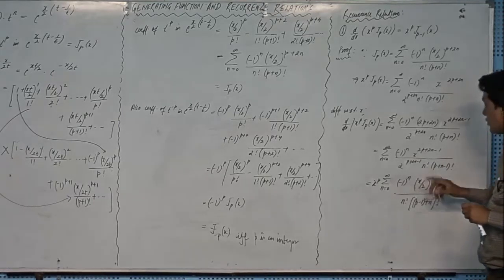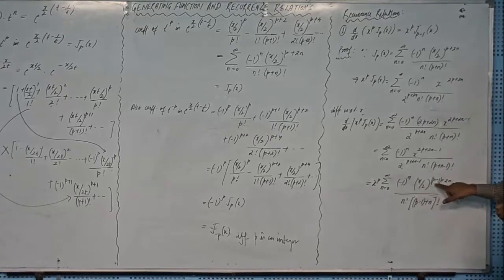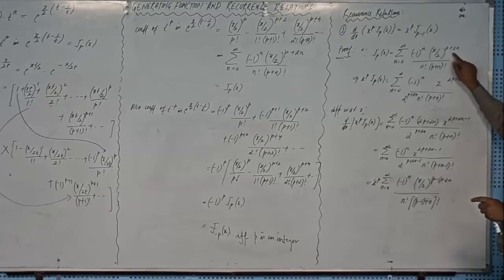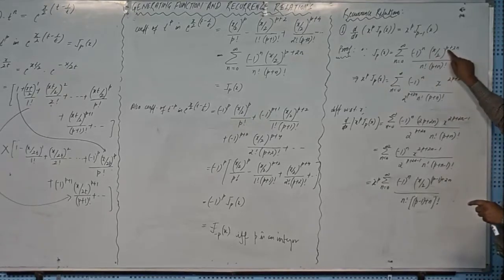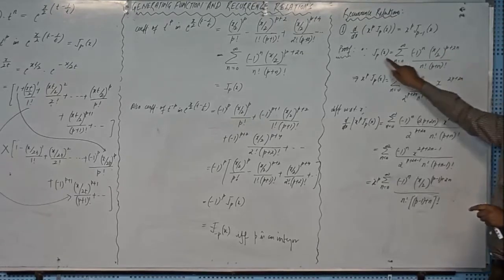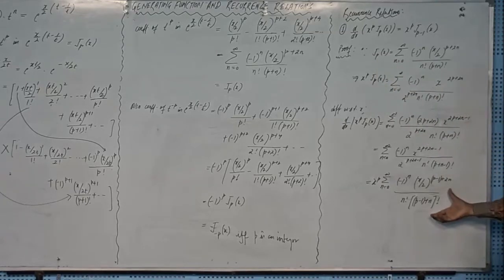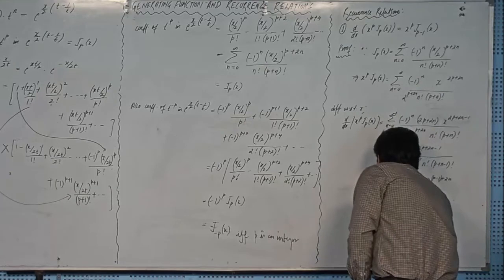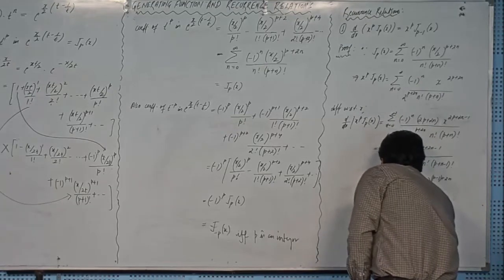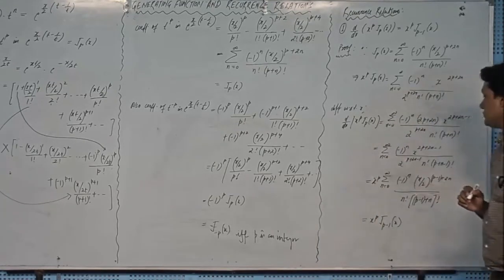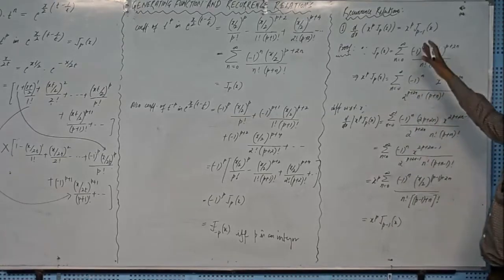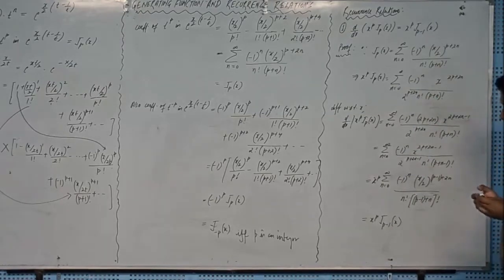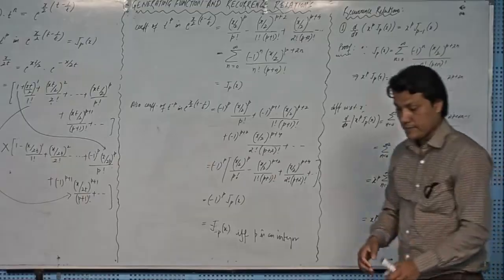Because in the exponent you can see x by 2 whole to the power p minus 1 plus 2n. Originally it is p plus 2n for Jp. So if you have p minus 1 here, then you should have J p minus 1. This is the idea, right? We will replace it by J of p minus 1, right? So this is a proof for this first recurrence relation, and similarly we have another recurrence relation.